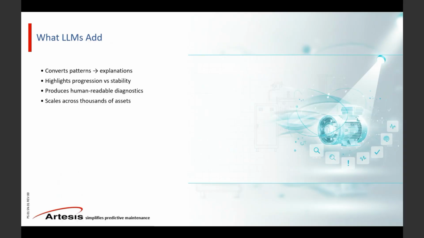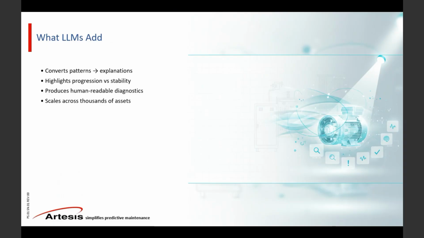Again, you can get some answers from the auto diagnostic still, but combining the context of the application, all the electrical parameters, and process parameters is the key here. That's what the LLM is doing. It takes all those patterns and converts them into explanation. It doesn't just repeat an alarm, it explains the logic behind it in a way that makes sense to the person receiving that information.